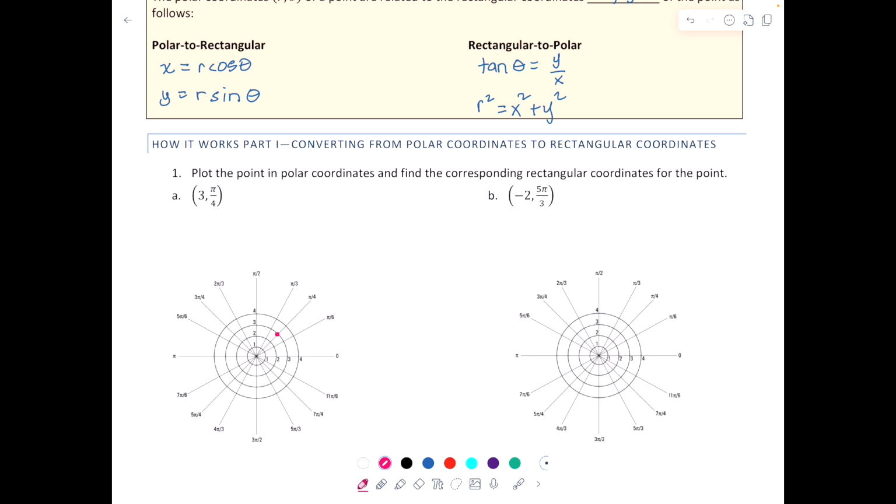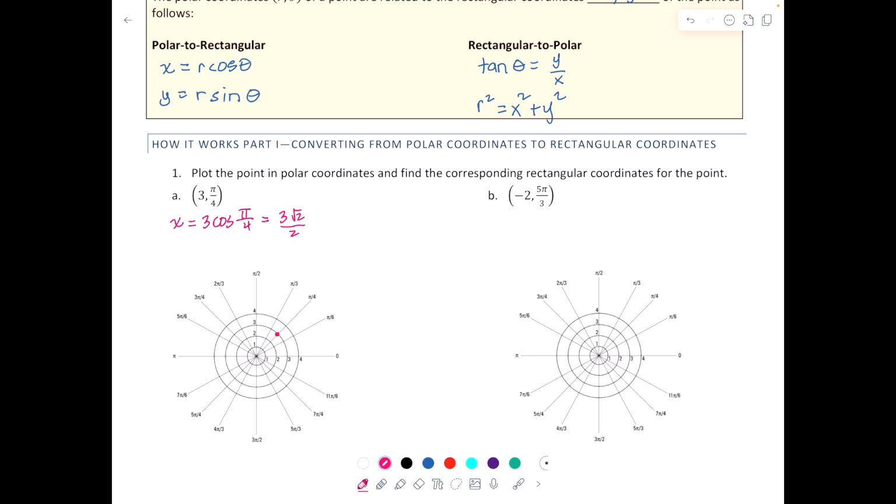So we have x equals r, which is 3, times cosine theta, which is pi over 4. That's going to be equal to 3 times root 2 over 2. You don't have to rationalize if you don't want to.